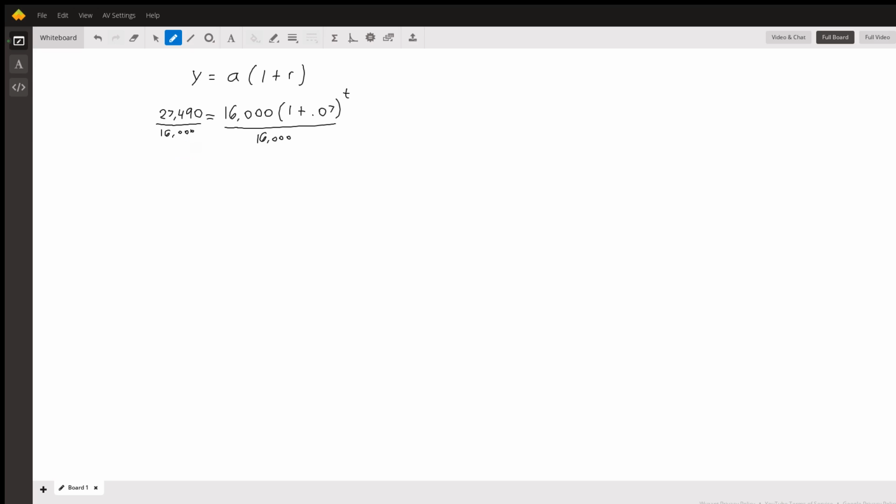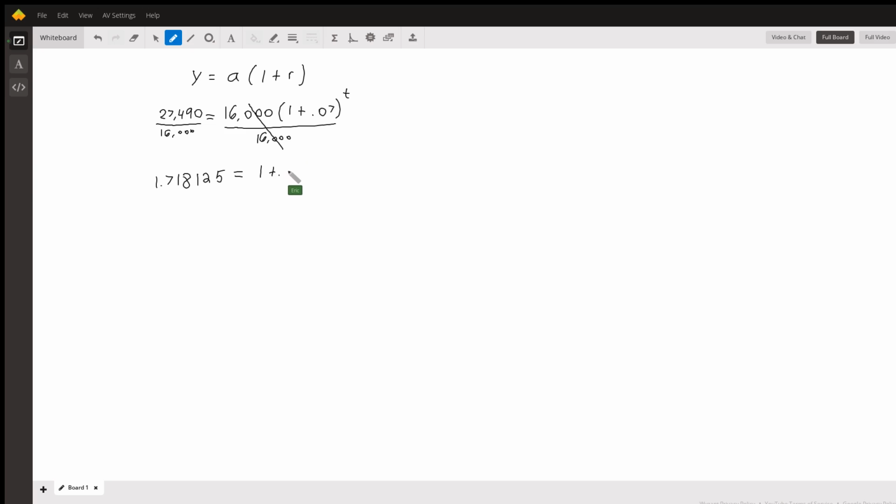Here's where you want to use your calculator. 27,490 divided by 16,000 gives me 1.718125. The 16,000s cancel out, and it equals 1 plus 0.07 to the t.